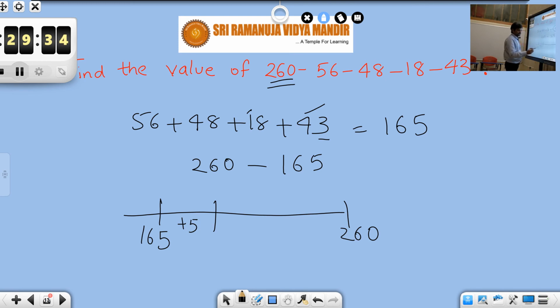This is 170. Now from 170, match the tens digit, 7 and 6. So we need to move 90 units, and here we get 260. So the total distance from 165 to 260 is 90 plus 5, so 95. 95 is our answer.